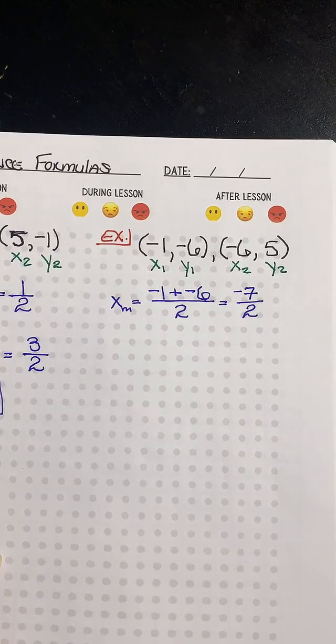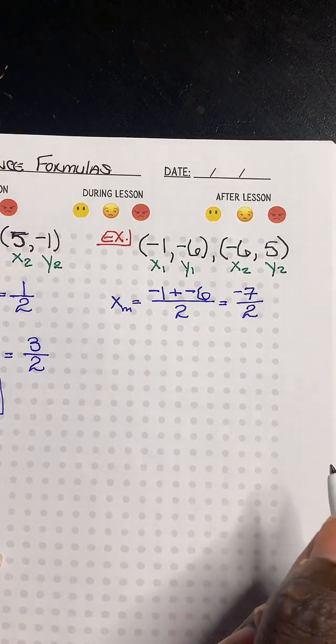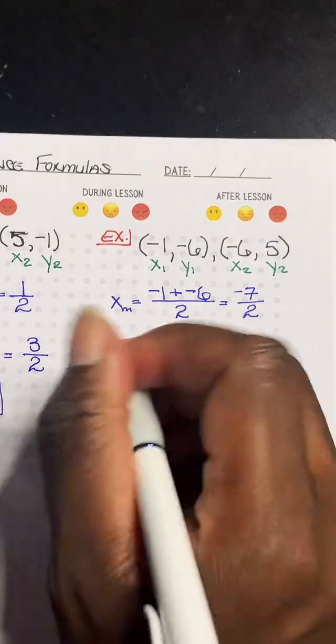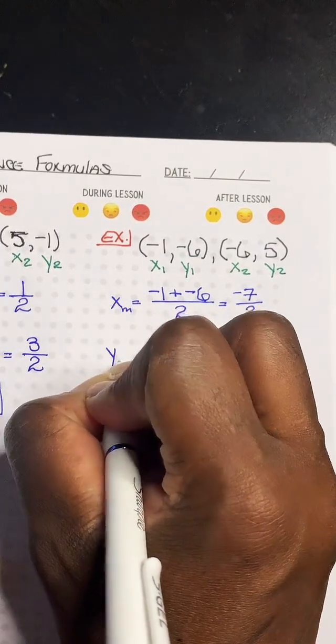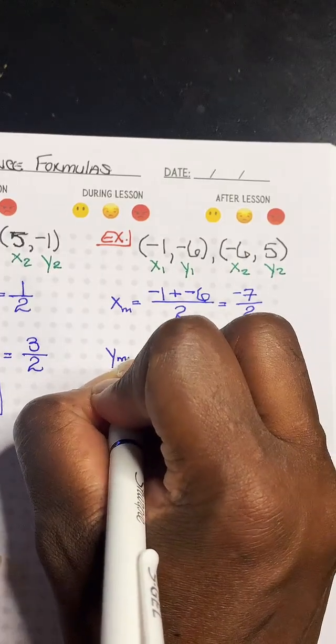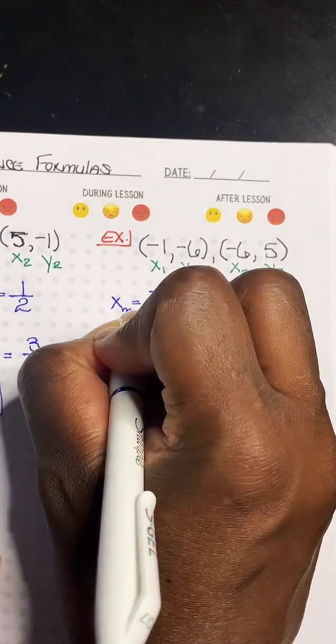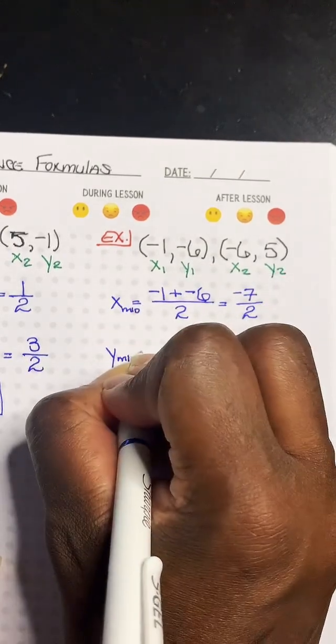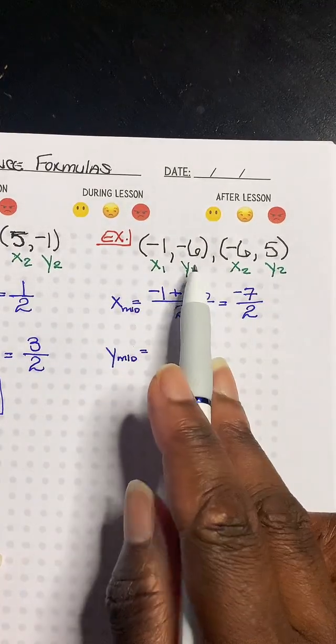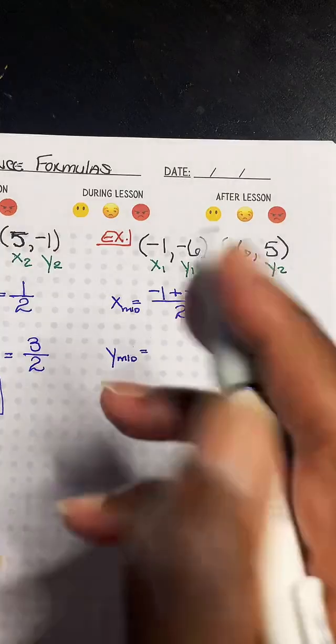Midpoint and distance formula. So now we're going to try to find our y's. We're trying to find the midpoint of our y's. I really should say mid instead of m. So we're taking the sum of our y's.